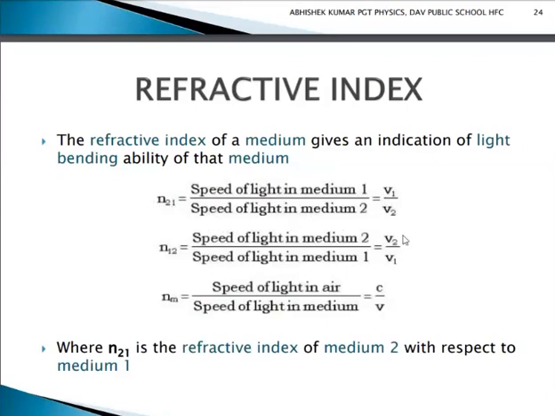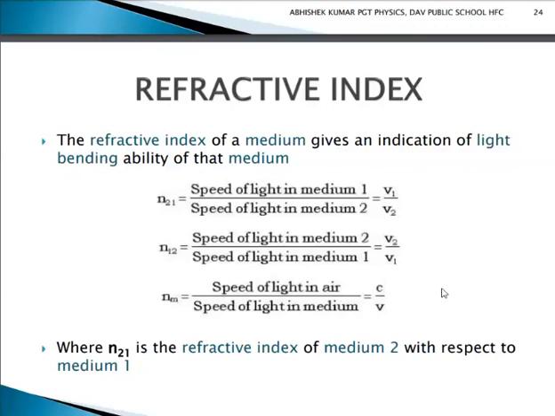And you can even reverse the situation. If light makes a transition from the second medium to the first medium, then the refractive index is expressed as the speed of light in the second medium to that in the first medium, that is V2 upon V1, where V1 and V2 are the speeds of light in the first medium and second medium. So if the transition of light is reversed, the refractive index is reversed and is the reciprocal of the first case.